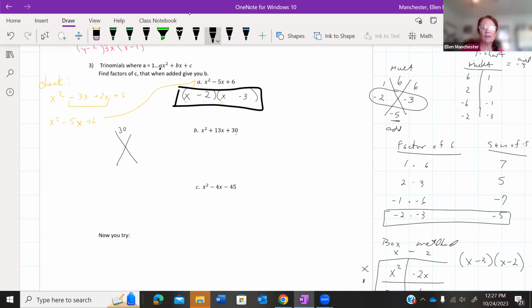Right. So what I say is the C. So remember, you have ax squared plus bx plus c. The a, b, and c are your coefficients, the numbers in front. And that's got to be in that order. So what do you multiply to get 30 and add to get 13? You can do all of them if you need to.